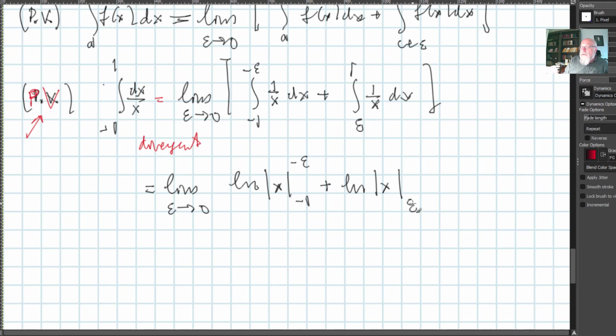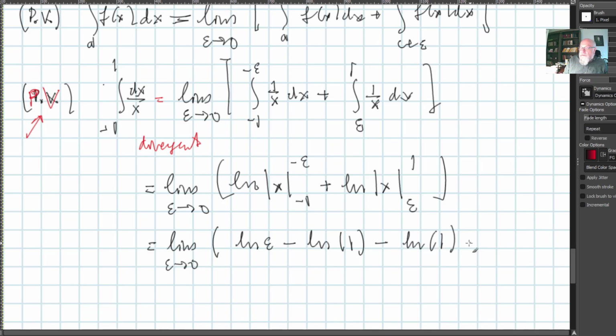So I'm getting ln epsilon minus ln of 1, plus ln of 1 minus ln of epsilon, and then we get the cancellation. So I'm getting just 0. The principal value turns out to be 0.